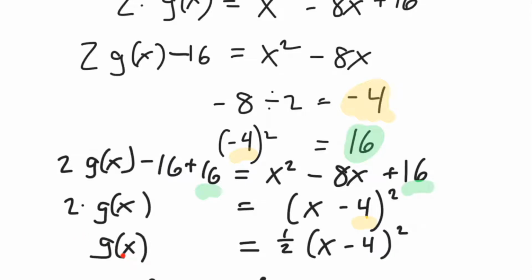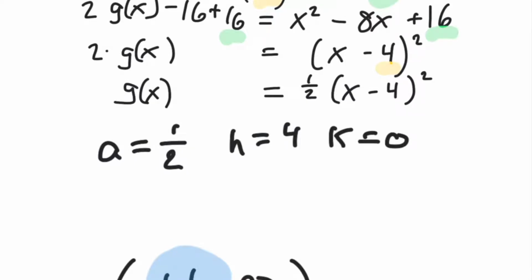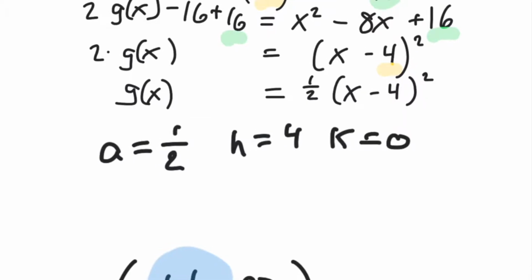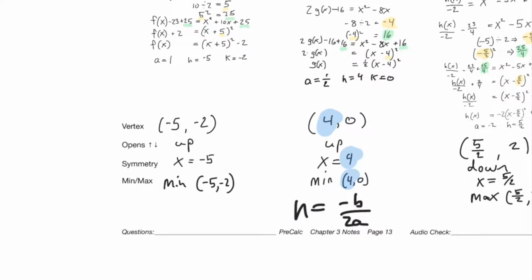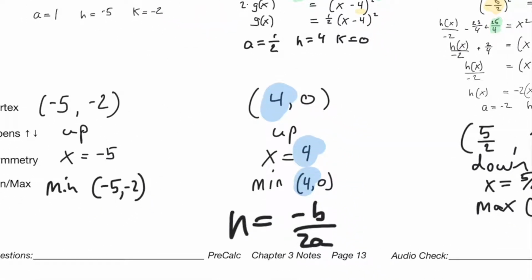When we do that, these cancel out, but dividing this by 2, you could put it all over 2, and that would be fine. I'm going to write it out front with a 1/2. Equivalently, you could have just multiplied both sides by 1/2. This would cancel out, and this would have a 1/2 right here. In any case, we find out that the a value is 1/2, h value is 4, k value is 0. And that gives us all of the information that we need.